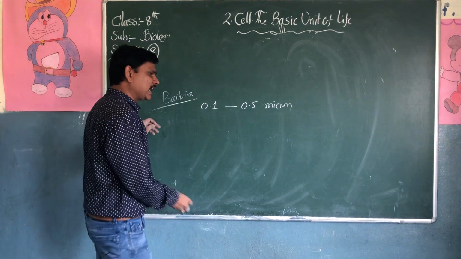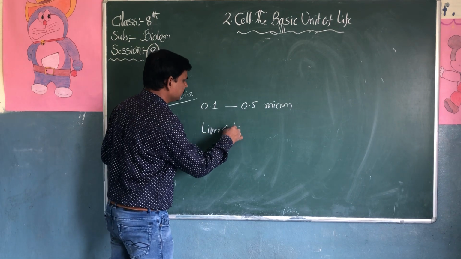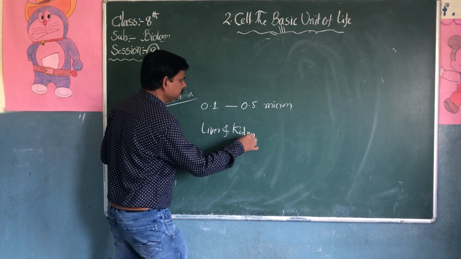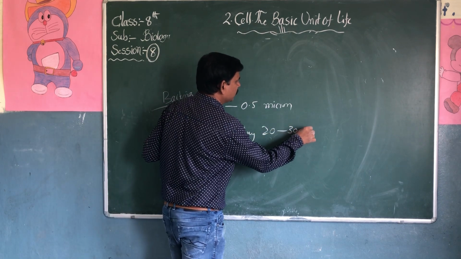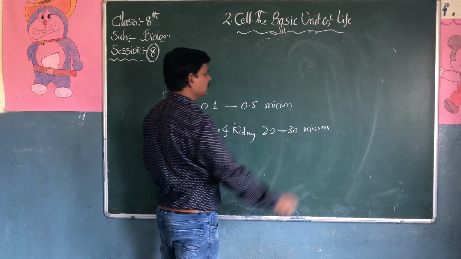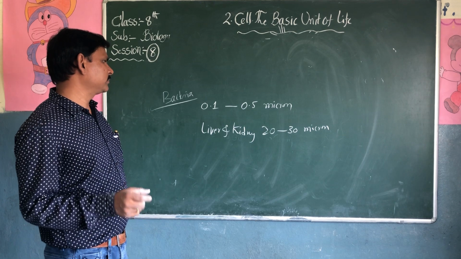The longest cell is present in liver and kidney: 20 to 30 micron. The biggest cell, the longest cell.